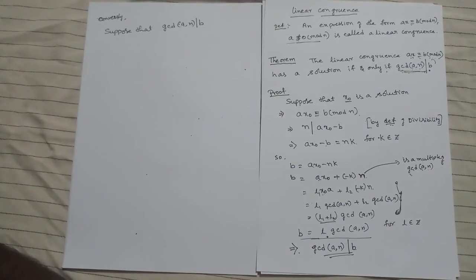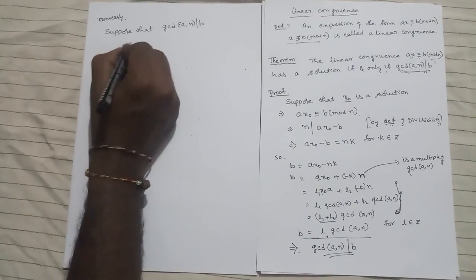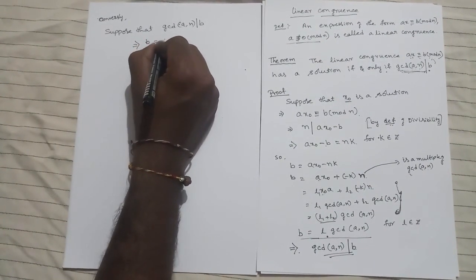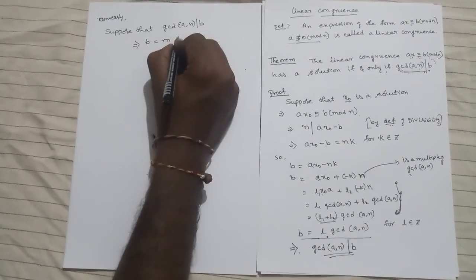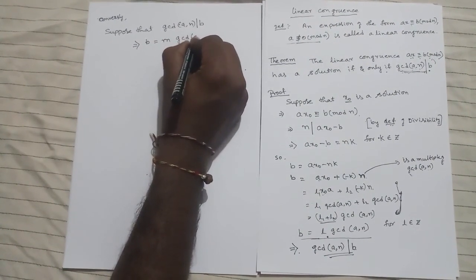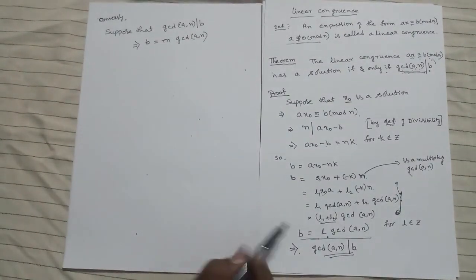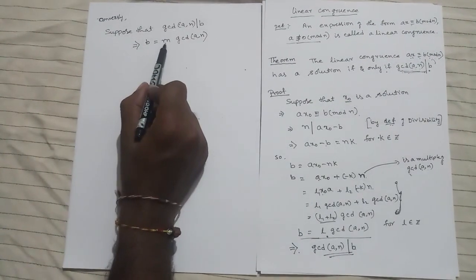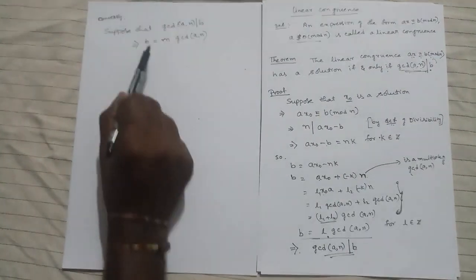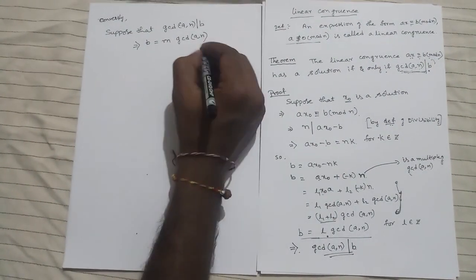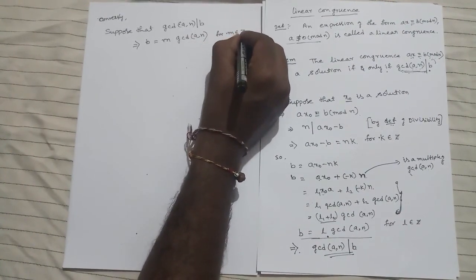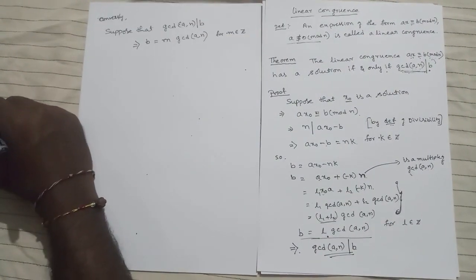This implies that b equals some integer into GCD of a comma n. I wrote this step earlier; instead of L, I am taking m here, for m belongs to some integer.